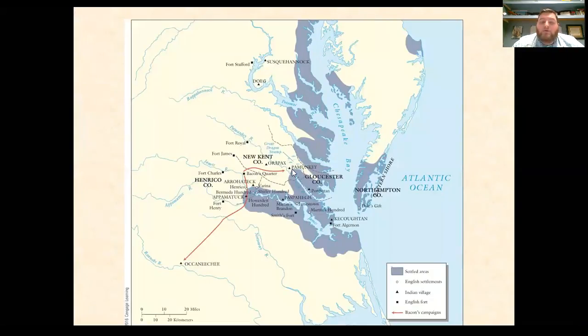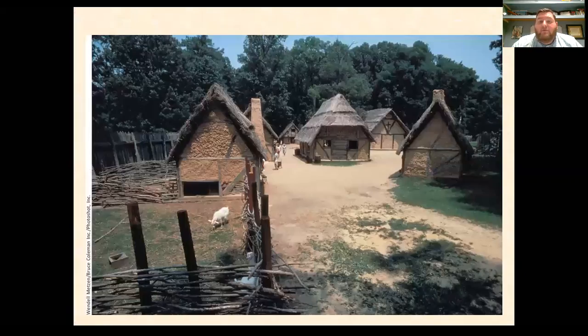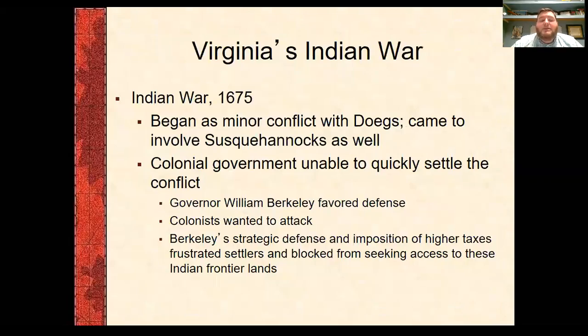Berkeley does not want to do this, and this really pits the frontiersmen, who are often working class or poorer, that don't have as large land holdings, not large planters, against the elite of Virginia. And so what we see is this very distinct idea of the elite wanting to fight a defensive war, and the common colonists, especially those from the interior, wanting to fight an aggressive offensive war.